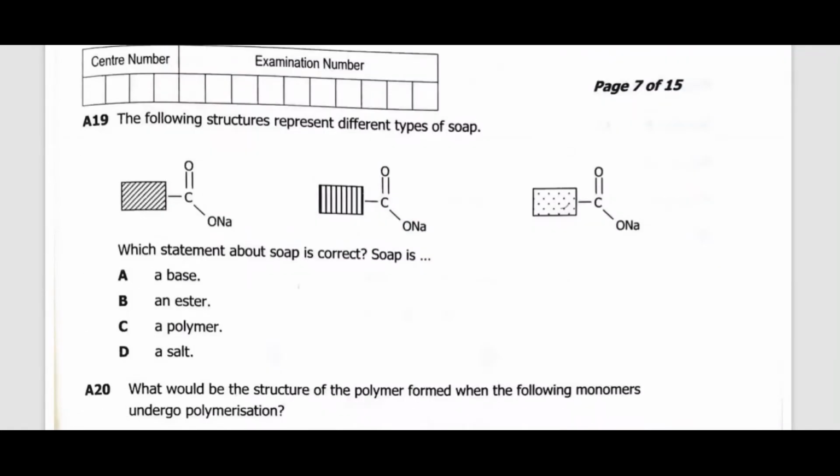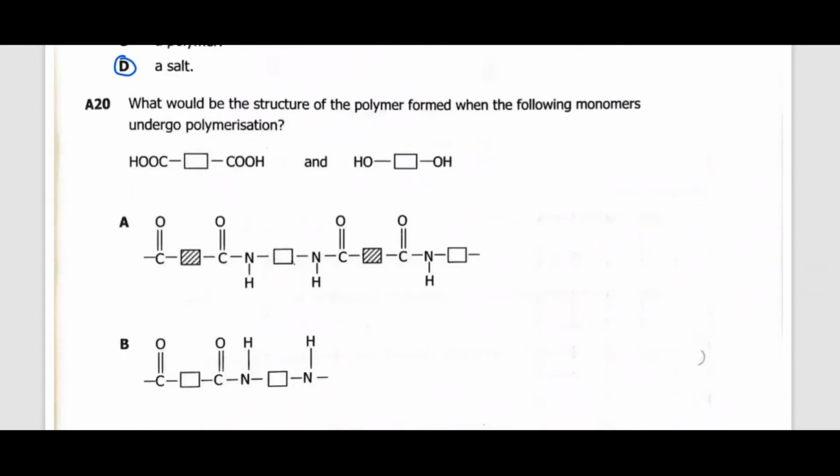So we move on to question 19. The following structures represent different types of soaps. Okay, so then which statement about soap is correct? A, soap is a salt. Then we go to question 20, the last one for section A.